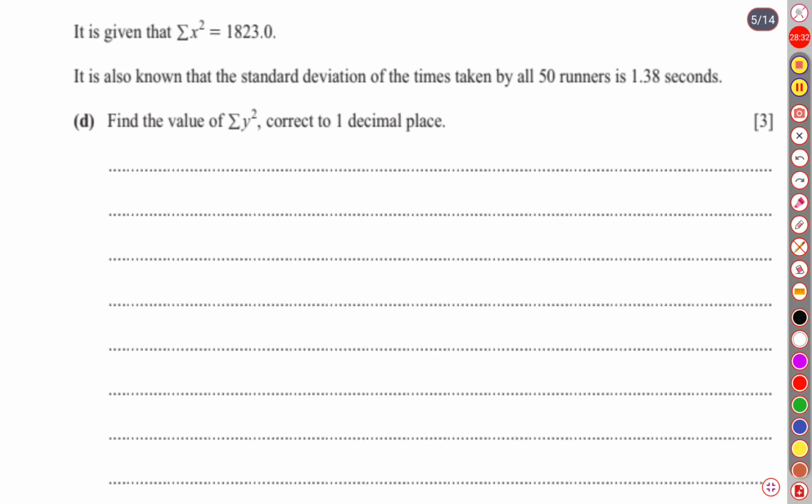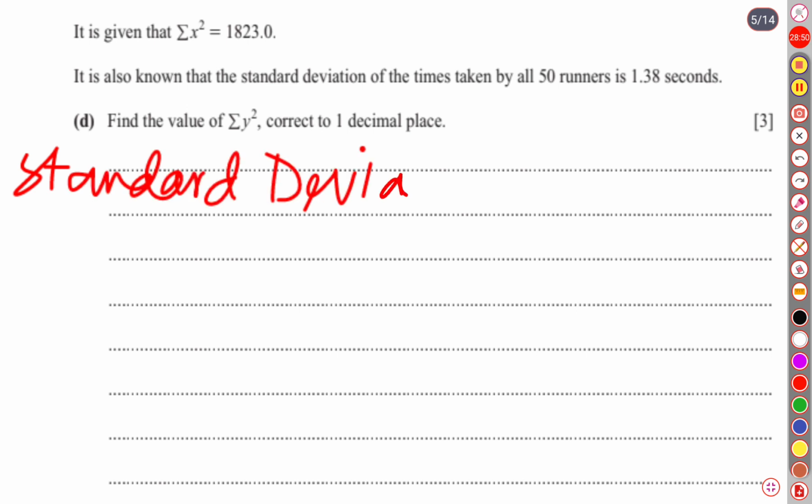We know that standard deviation is equal to square root of variance. They have given standard deviation, so let us write standard deviation is equal to, what is the standard deviation given? It is 1.38.